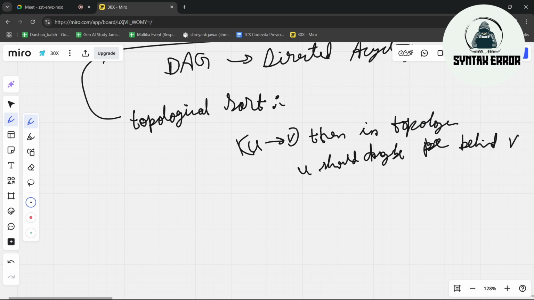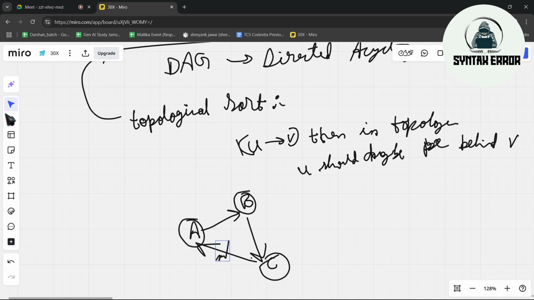So what it says is, if we have a graph A, B, C, suppose A is connected to B, B is connected to C. This is our graph. This will only work with no cycle. So this is a directed acyclic graph, so now we can use topological sort.